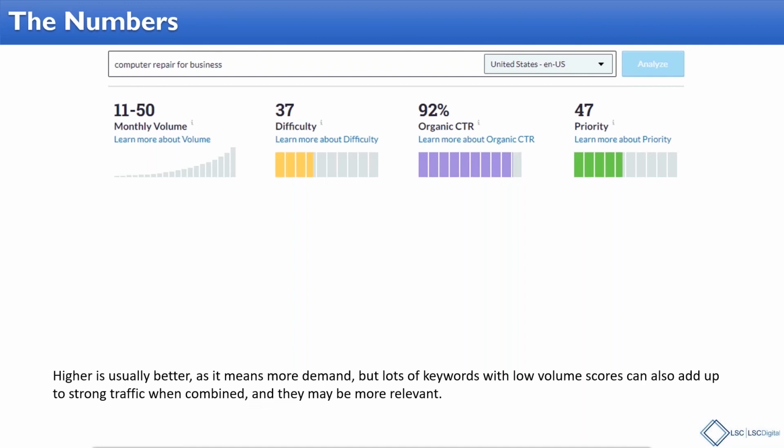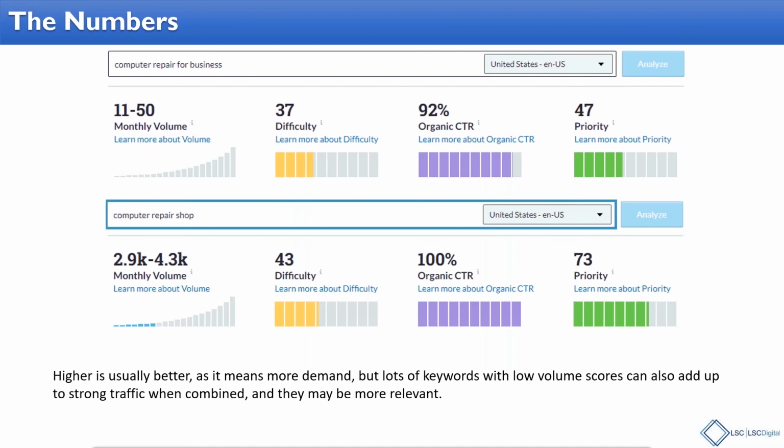And that's the reality. 70% of all searches done on Google every single month are unique searches, basically searches that are done once. So a lot of low volume terms that aren't competitive and are highly relevant can turn into great traffic for you at the end of the day. Just because it's low monthly volume, I wouldn't discount it, but there's some math that has to be done there. So computer repair for business: low volume, not so excited, very surprised, but this is why you do research.